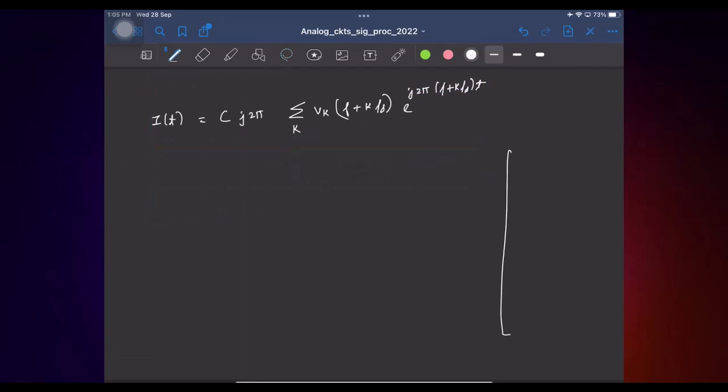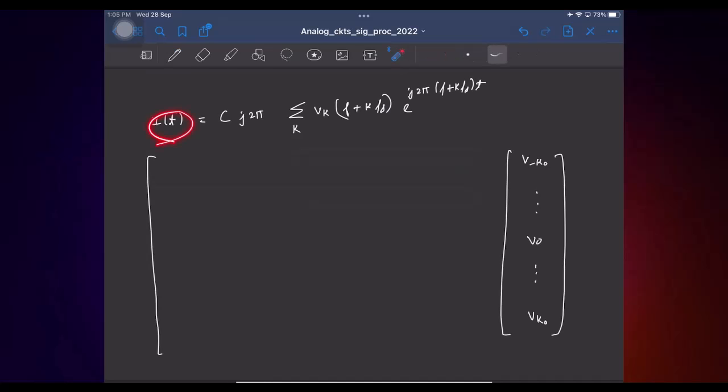Here let's say I have V minus K naught, V0 to V K naught, and on the RHS I find the strength of the current at the same frequencies, I minus K naught, I0, and K naught. So what will this be? I have constant J2 pi C that comes out.